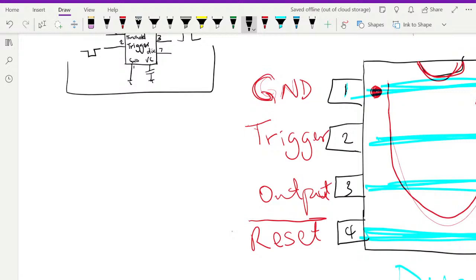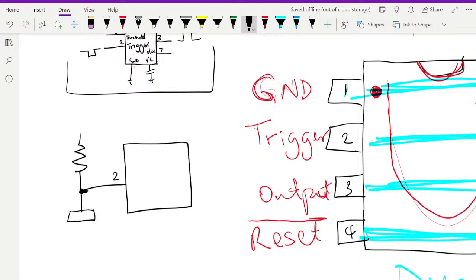In that case, you can build a circuit and you have your pin 2 here pulled up with a resistor. When you pull this up, and then you connect a capacitor from that to ground, where this is 8 and this is 4. Doesn't matter, you can do it 4 and 8.